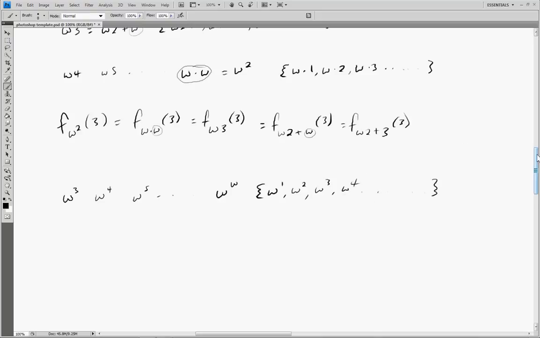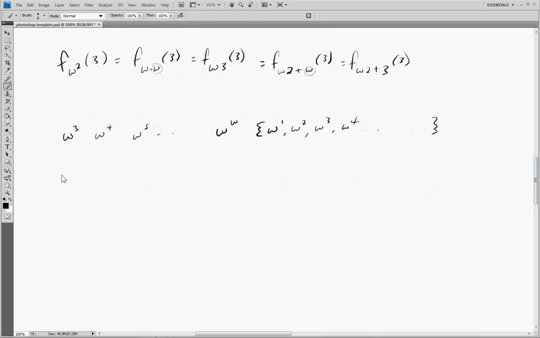So if we were to plug this into the fast-growing hierarchy, we have a free omega here, so we take this element of here, and we turn this into a 3. So we end up getting f omega cubed of 3. This also has a fundamental sequence, so we need to break this apart.